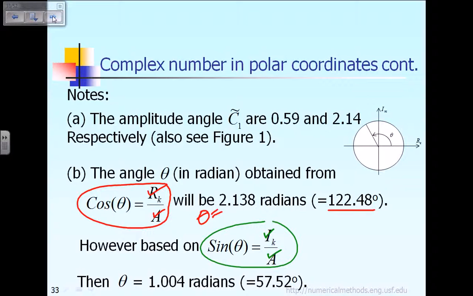Well, if you use this second formula, then the answer you get for theta will be equal to 1.004 radian, which is the same thing as 57.52 degrees.